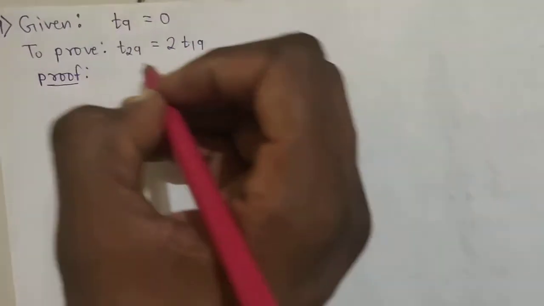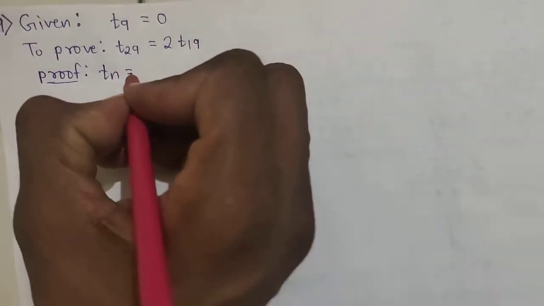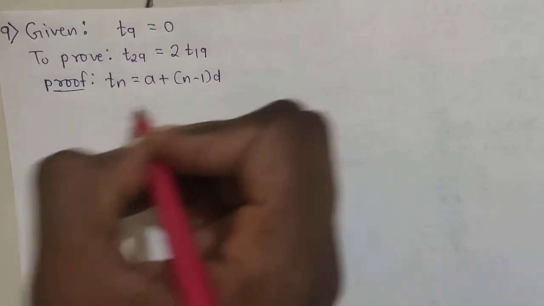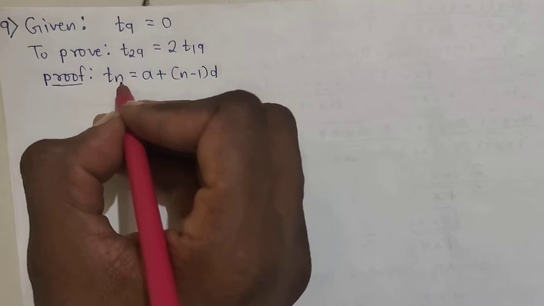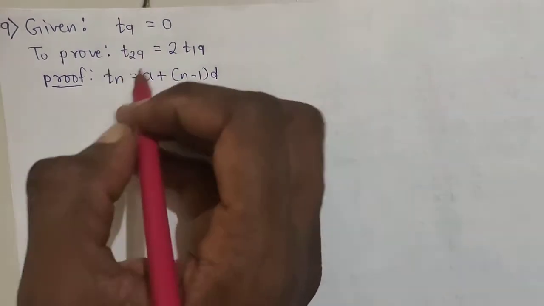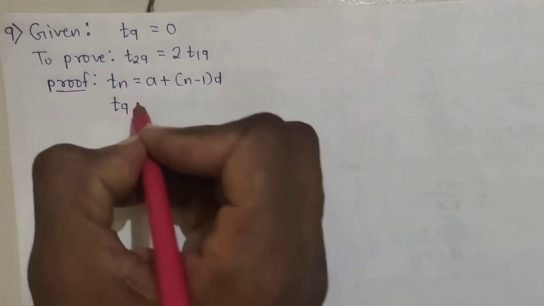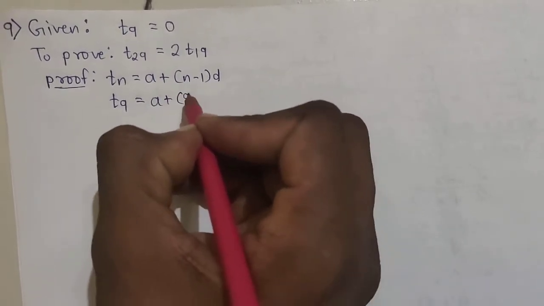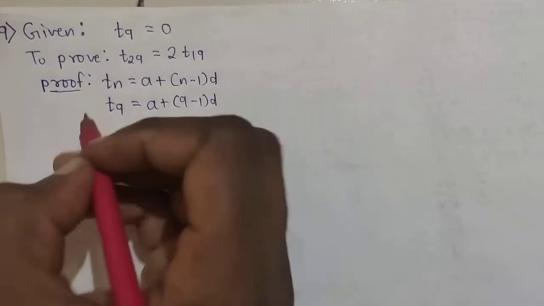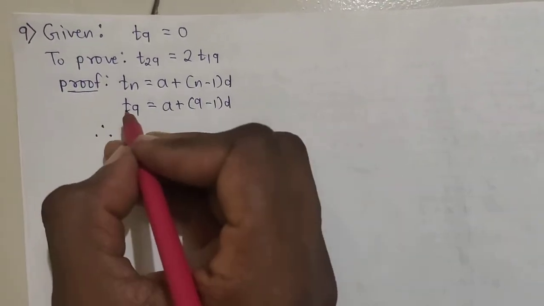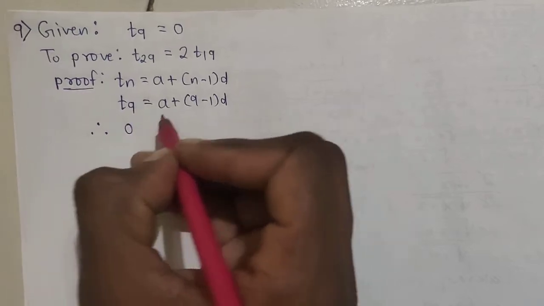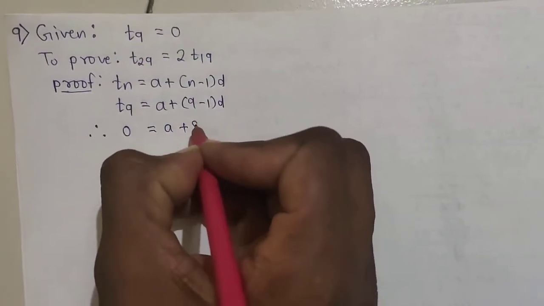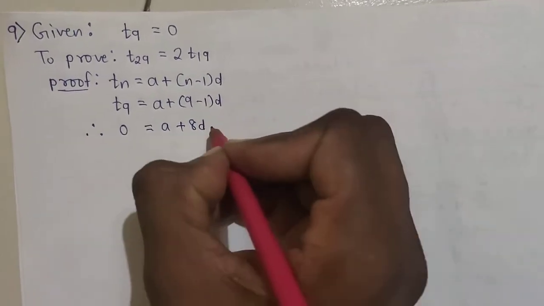First we are going to use the Tn formula, and Tn formula is a plus bracket n minus 1 into d. Now we are going to replace this n by 9, that is given to us. So T9 is equal to a plus bracket 9 minus 1 into d. Now we know the value of T9, that is 0. So 0 equals a plus 8d. Understood why we got this?